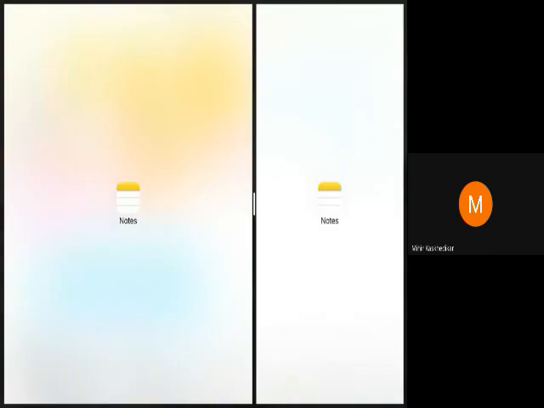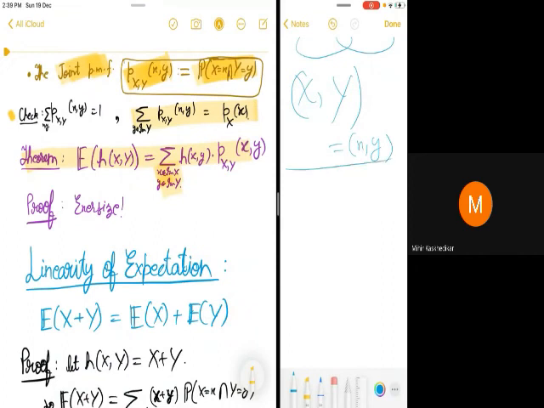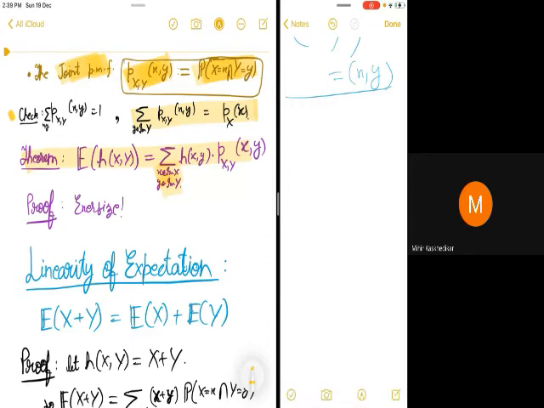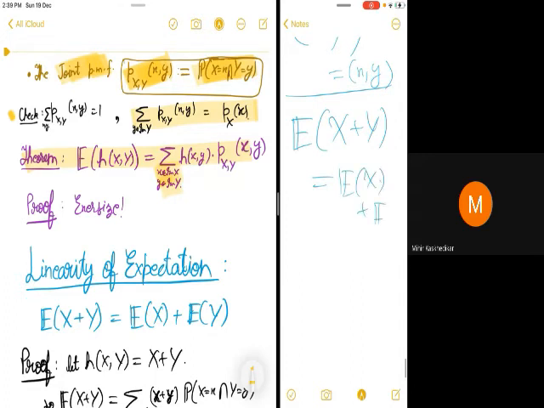With this, we can prove a very central result, which is the linearity of expectation for discrete random variables. Try proving that the expected value of x plus y is the expected value of x plus the expected value of y.